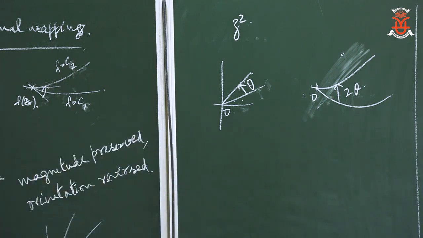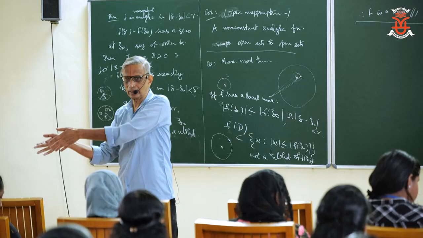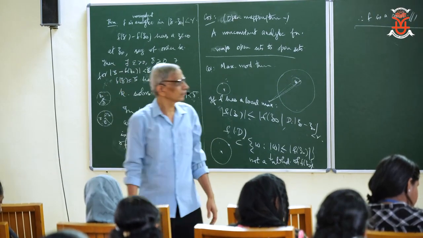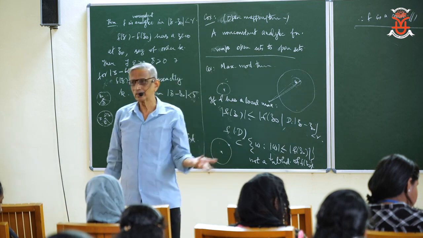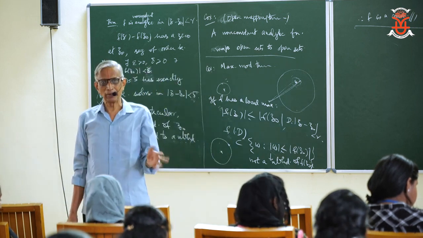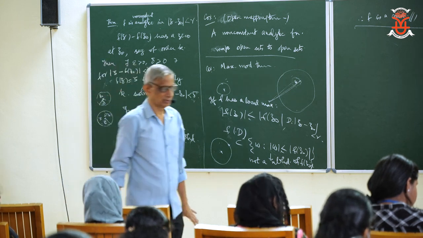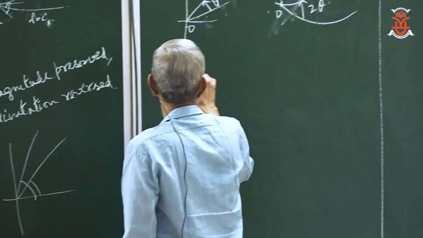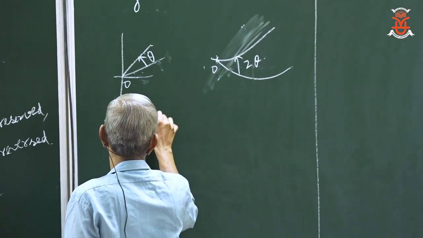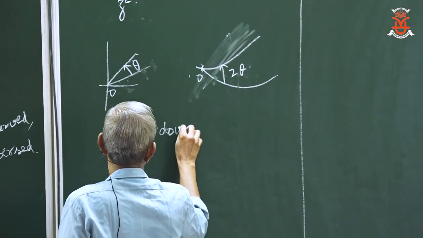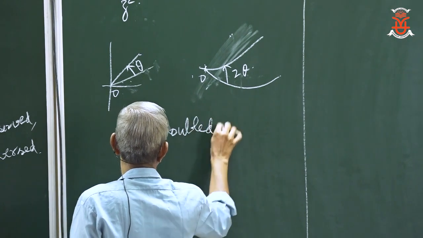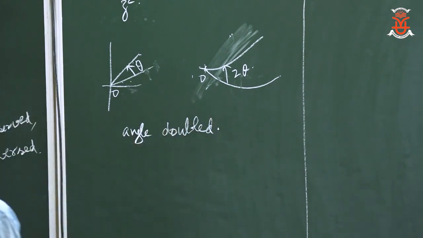So 2 curves intersecting at 0, if you take, the image curves also intersect at 0, but the angle there is doubled. So this does not even preserve the magnitude of the angle. In absolute value.